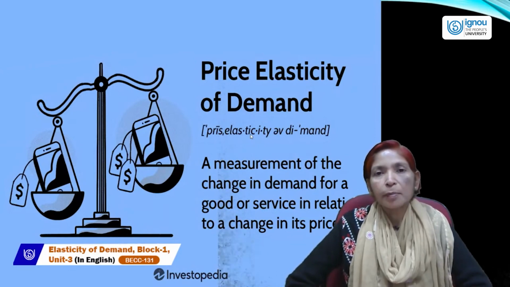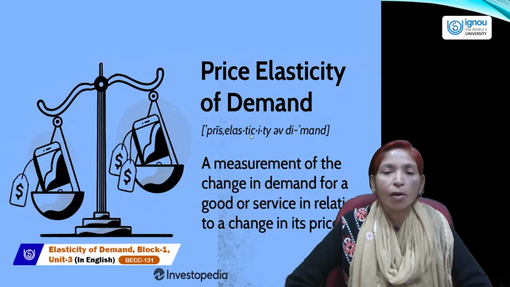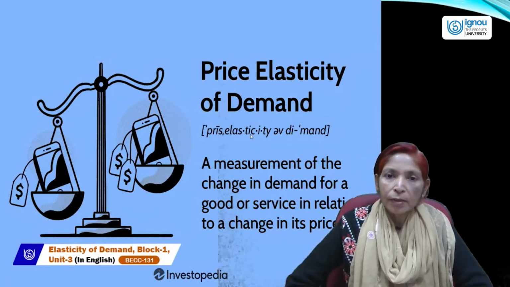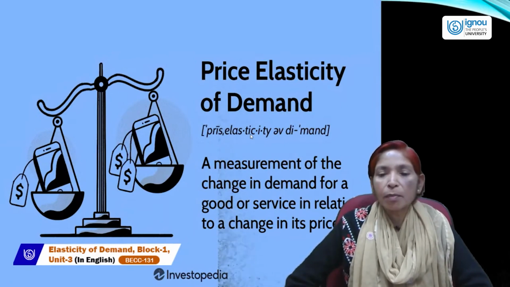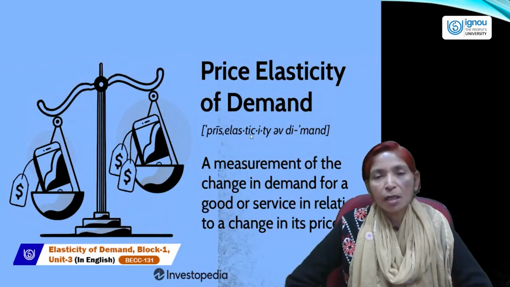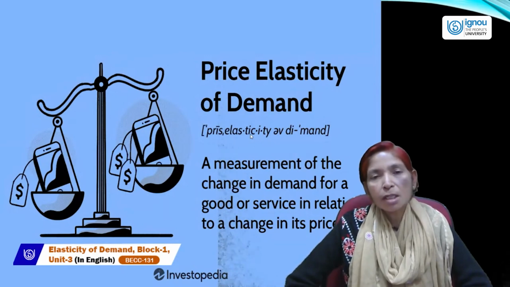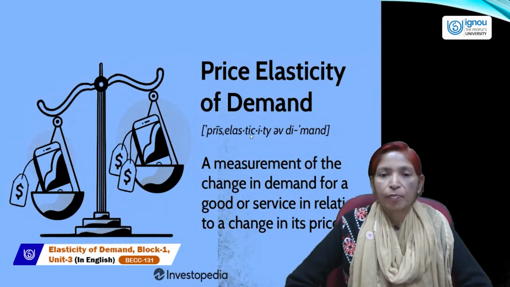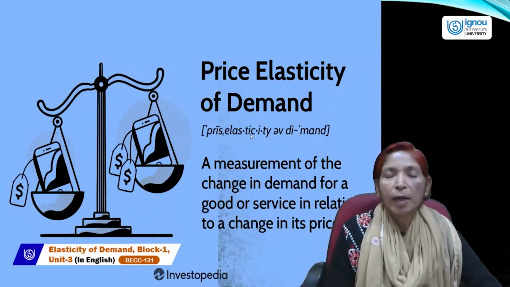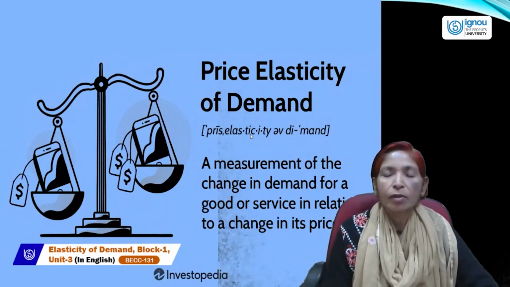So price elasticity of demand is a measurement of the change in demand for a commodity or goods and services in relation to change in its price. It means when a commodity's demand varies due to change in the price of the commodity, that is called price elasticity of demand.